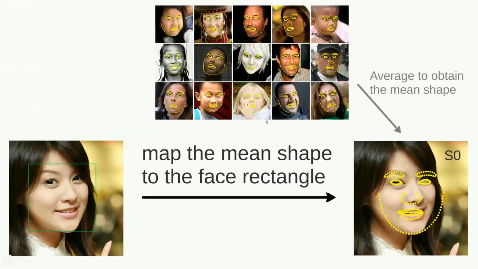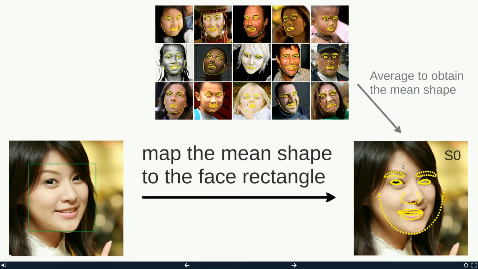The first thing is the average shape. The average shape is simply averaging all the training shapes that we get. So we add all of them together and divide it by the number of faces, and we get this average shape.